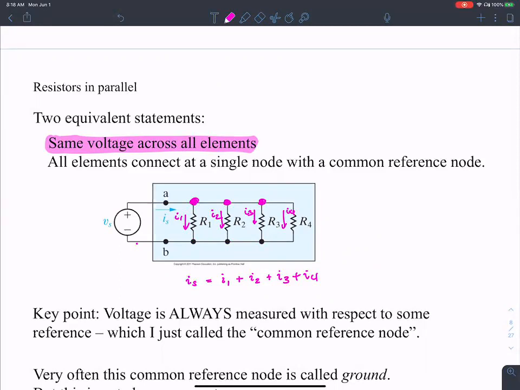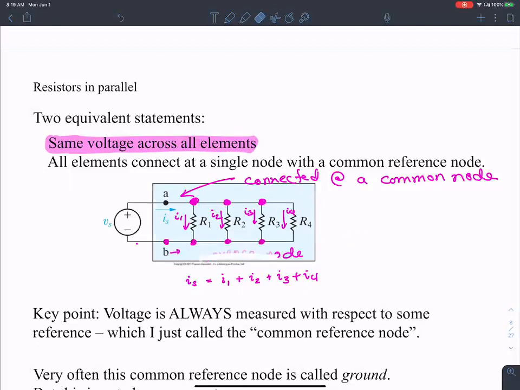The point that we want to remember is that all the elements emanate from a single reference node. B is the reference node, and they connect at a common node. So that's the idea of parallel connections.